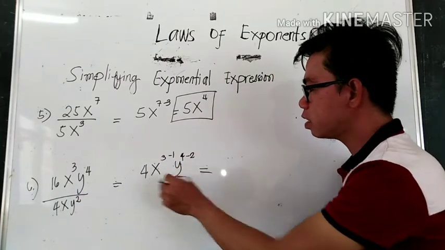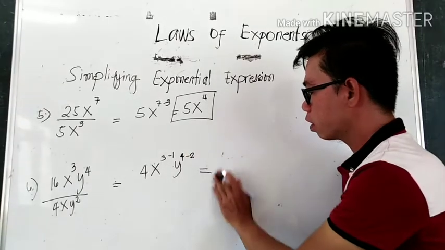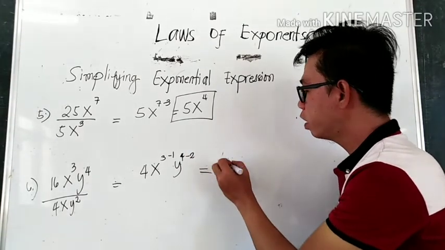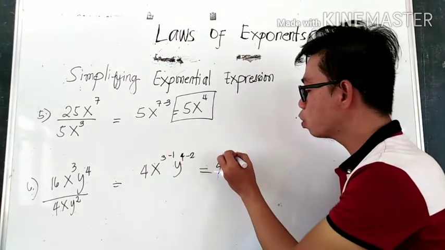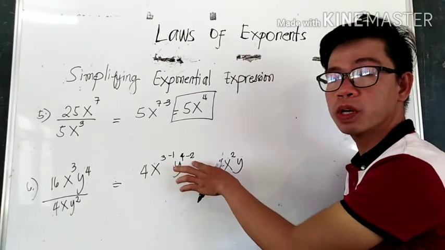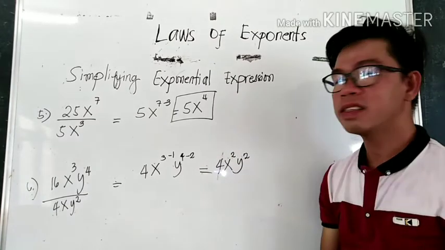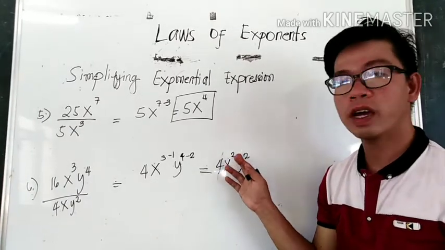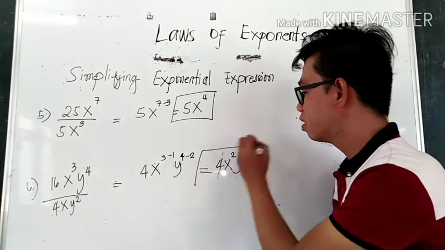Our answer is 4x, 3 minus 1 is equal to 2. Then y, 4 minus 2 is equal to 2. So our answer is 4x squared y squared.